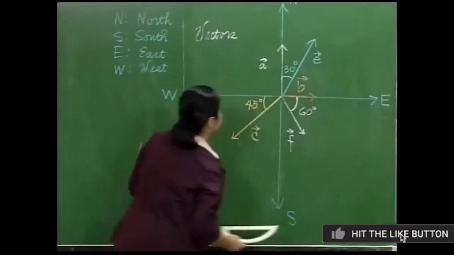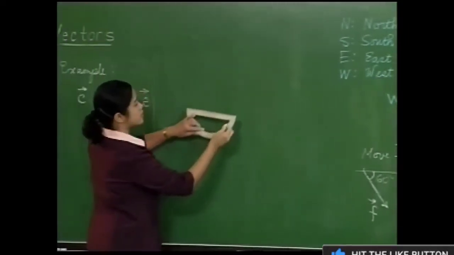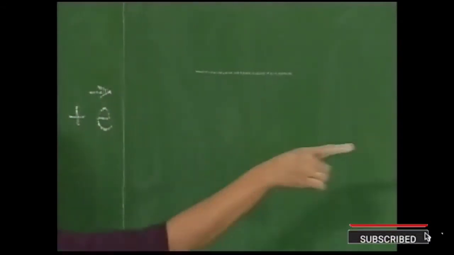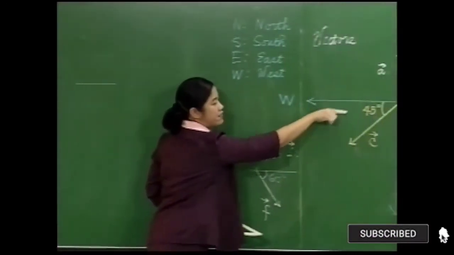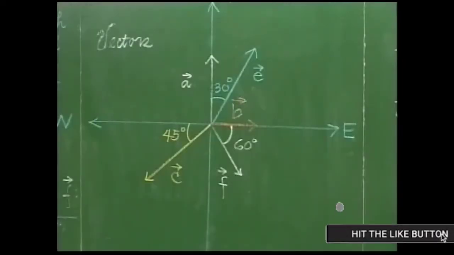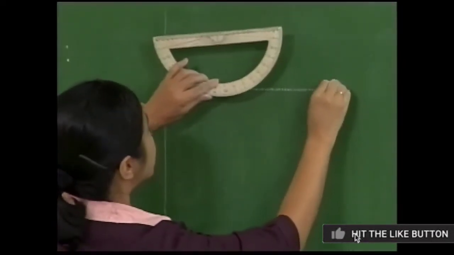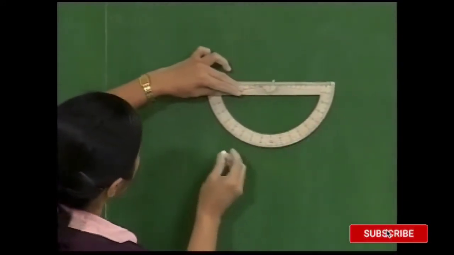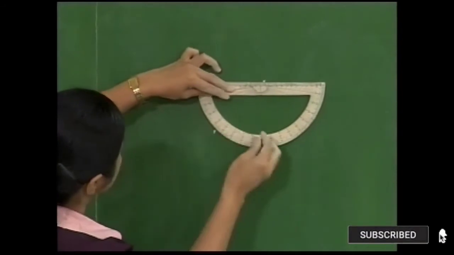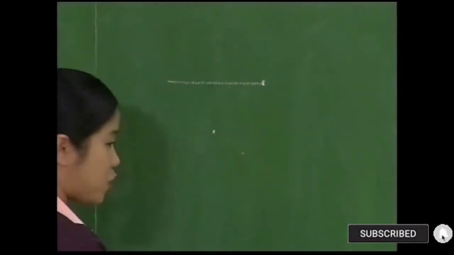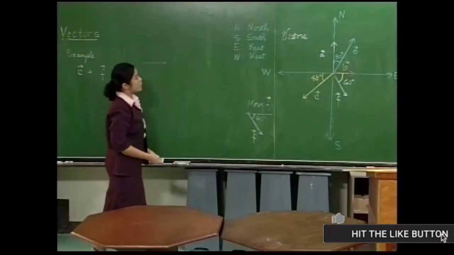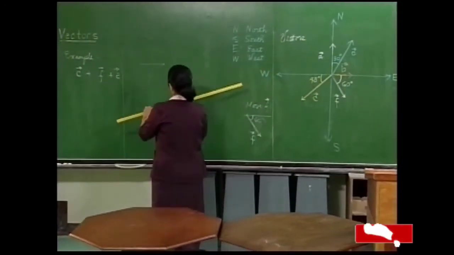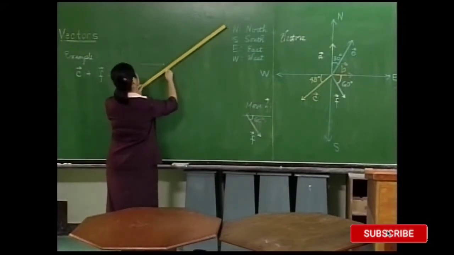You have, let's see, vector C. So I have a reference axis. Vector C is 45 degrees south of west. So I measure 45 degrees south of west. So it would be here. And it should be, how long? Vector C should be 30 centimeters.